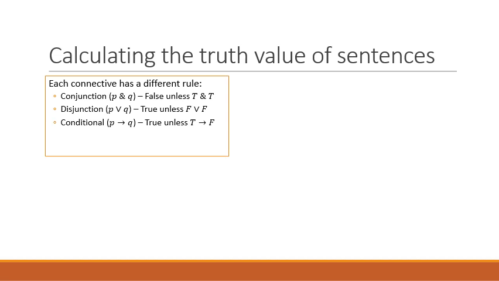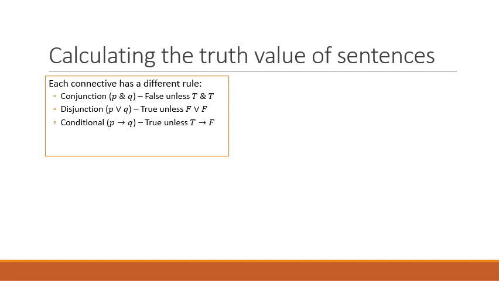The conditional, the if-thens, are the trickier ones, because it's a little bit weirder kind of sentence. There's a bit of asymmetry with the conditional, because when you say if-then, you're not saying that the first thing is true. What you're saying is what would happen if the first thing were true, right?